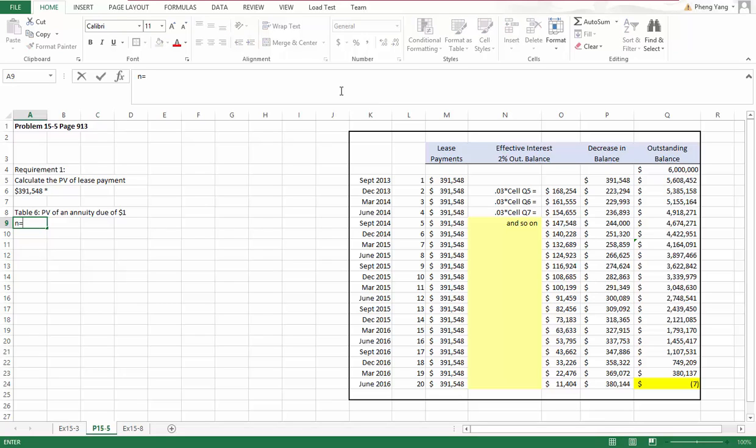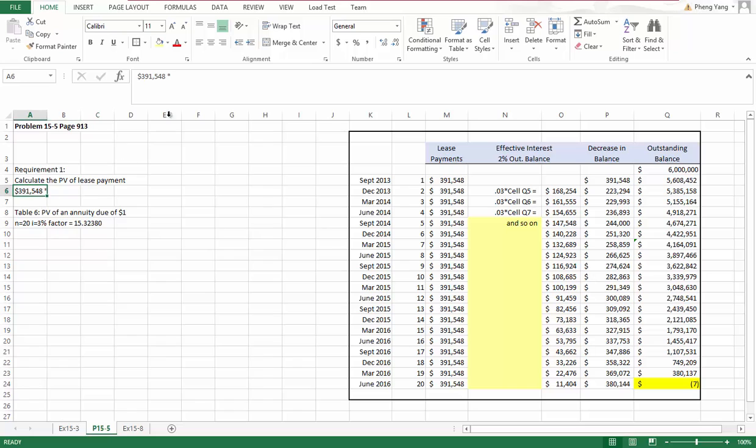Our number of payments is going to be 20 payments because it's quarterly for 5 years. Quarterly, which is 4 times 5, is 20. And interest will be 3%. The annual interest is 12% divided by 4 because we're going to make payments 4 times a year, which is 3%. So therefore, our factor is going to be 15.32380.